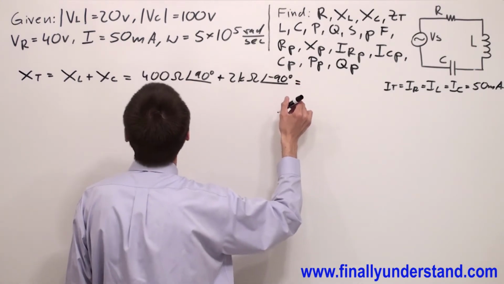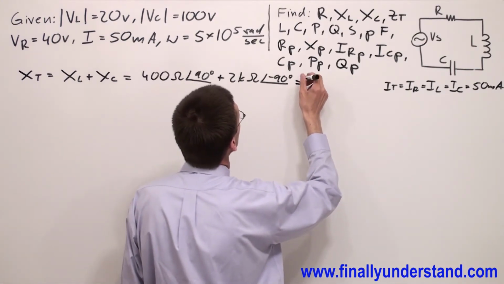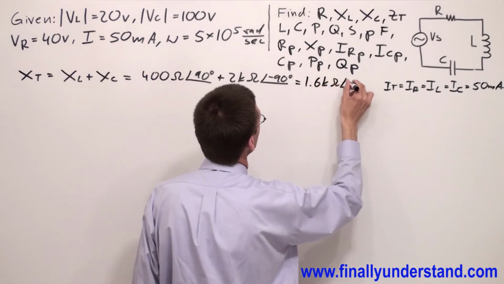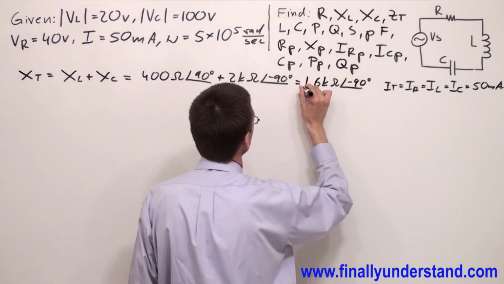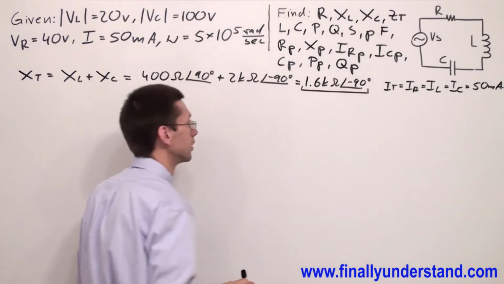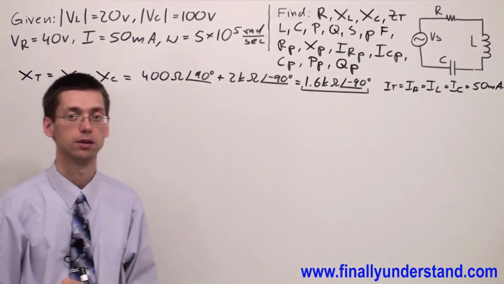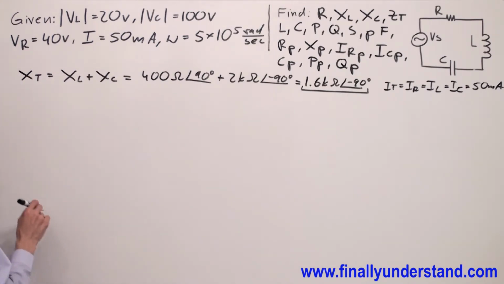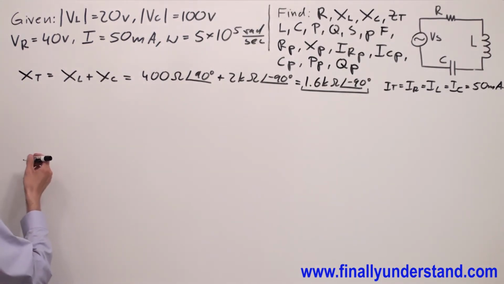Everything is equal to 1.6 kiloohms, an angle of negative 90 degrees. So the total reactance in my series circuit is equal to 1.6 kilo, an angle of negative 90 degrees.